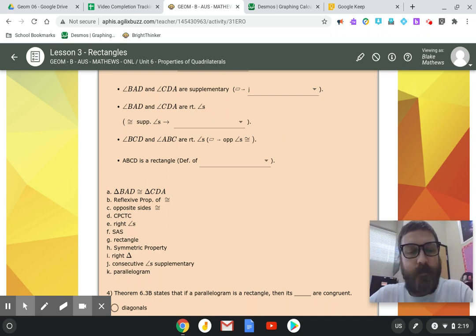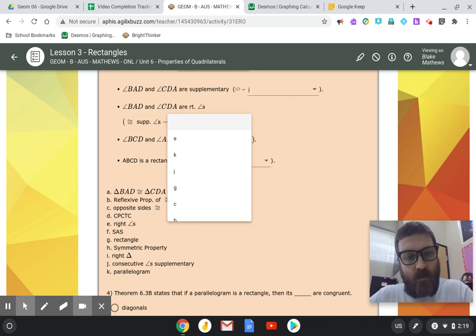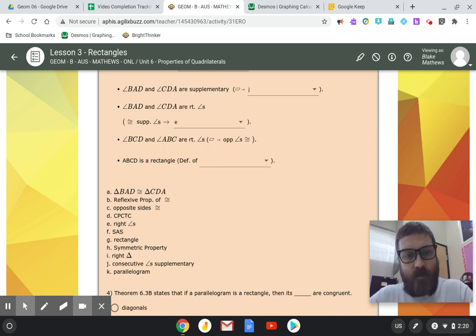And there we go. And then it says BAD and CDA are right angles. Congruent supplementary angles are right angles. E. Right angles. If there is any congruent supplementary angles, automatically assume they're right angles. It's the only way for two things that are the same to add up to 180 is for them to be 90.